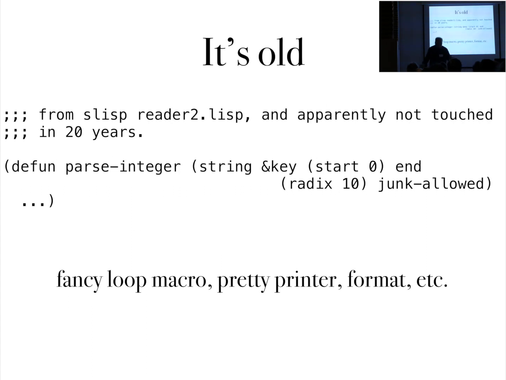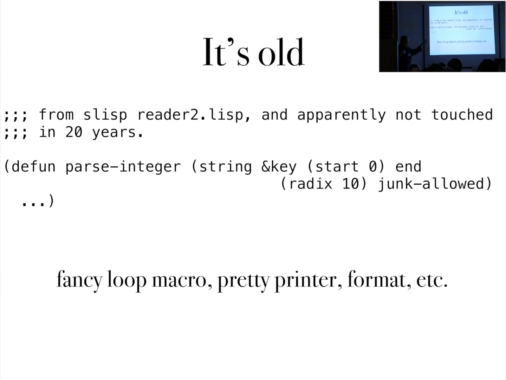It's old. It's one of these old Lisps. If you look in the source code sometimes, you'll see comments like this, from slisp reader.2.lisp and not touched in 20 years. So here's parse-integer, from the reader. Along with other implementations, Clozure CL borrows a lot of code from SpiceLisp.